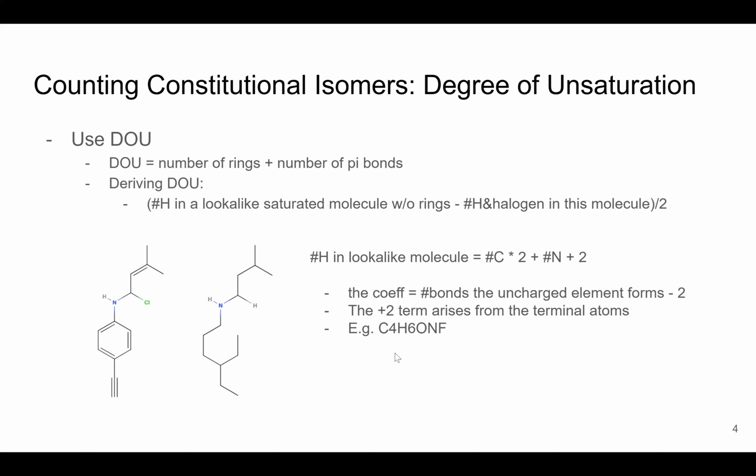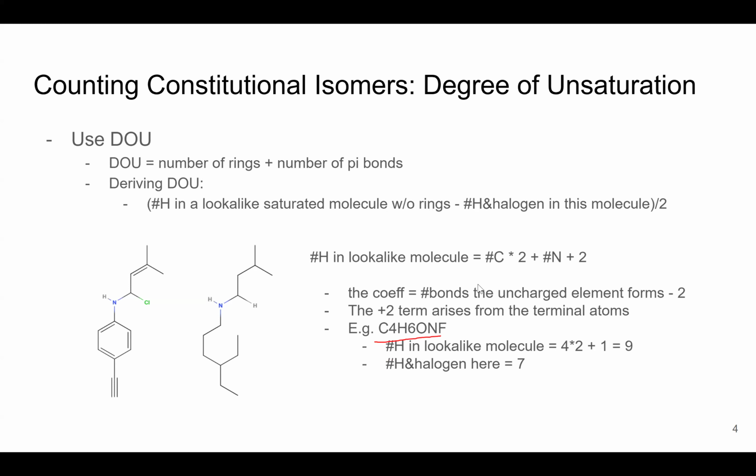An example of this is, let's say we have this formula, C4H6ONF. The number of hydrogens in a lookalike saturated molecule would be equal to the number of carbons, which is 4, times 2, and then you add 1 because you have 1 nitrogen. So you have 9 hydrogens in a lookalike molecule.